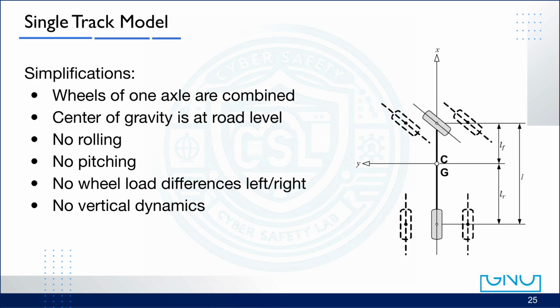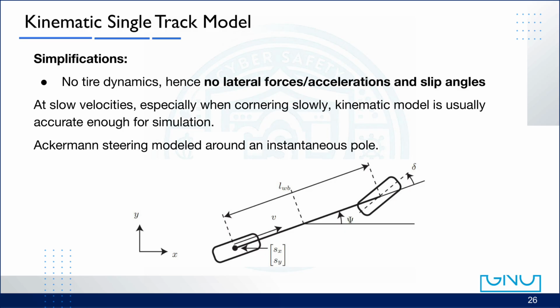Fourth, we ignore wheel load differences between left and right sides. Finally, there are no vertical dynamics, so effects like suspension compression are not modeled. These simplifications make the model very efficient for control and simulation, while still preserving the essential 2D behavior of the car. Now let's take a closer look at the kinematic single-track model.